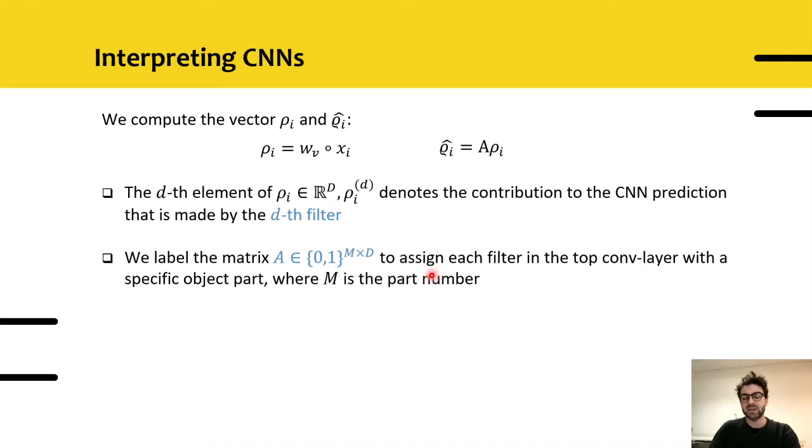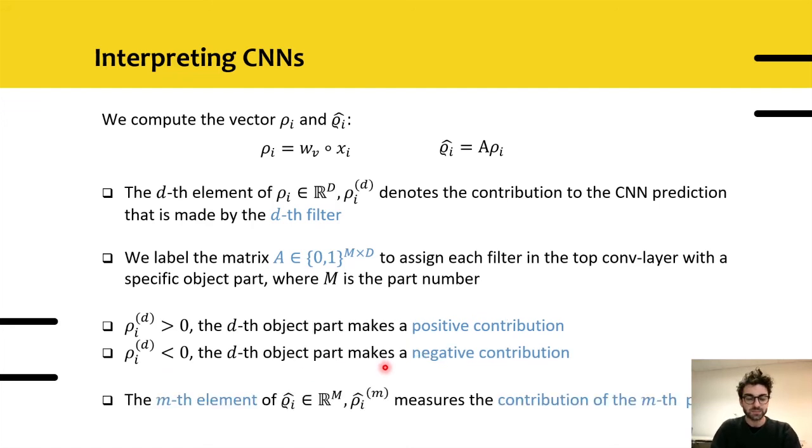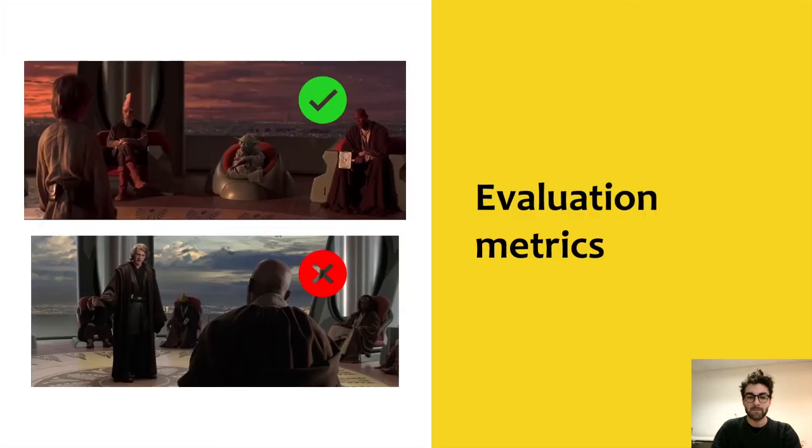This matrix is useful because it assigns filters in the top conv layer to a specific object part. So if the dth element of rho_i is positive, this means that the dth filter makes a positive contribution. If it is negative, it makes a negative contribution. The mth element of rho_i hat instead measures the contribution of the mth part.